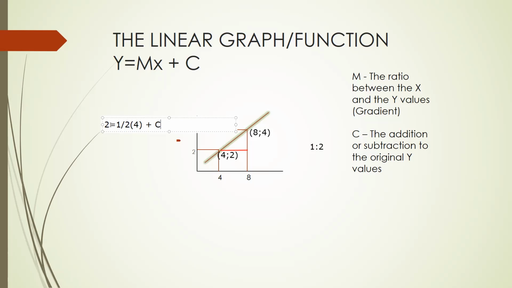Now, let's see. 2 is equal to half times 4. What's half times 4? Half times 4 is 2. Oh, you can also say 4 times half, which is the same as 4 divided by 2, because you can divide by the reciprocal. In this case, it is 2.